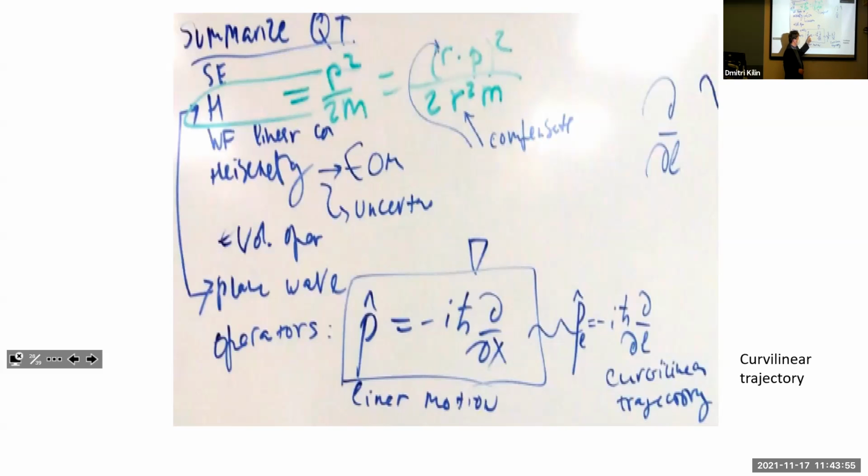We will try to establish analogy with linear momentum and curvilinear momentum. But here, one would need to take at least derivative over the arc length. If you already know the trajectory, we need to make derivative along the trajectory.